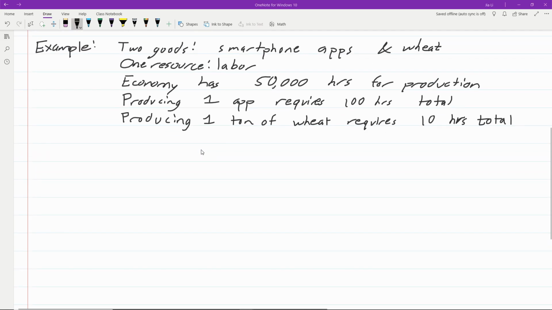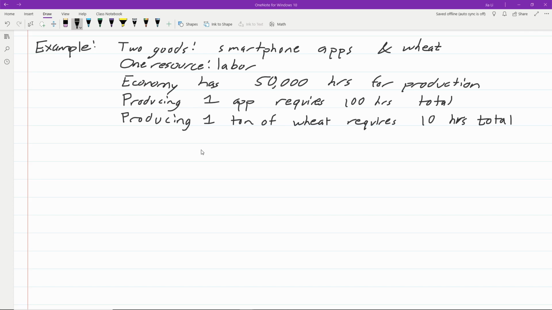Okay, so in order to construct our PPF or PPC, once again, we'll be taking a look at it as a graph. And the way that we want to draw our graph is to first get the total maximum number of each good that we can produce, right?